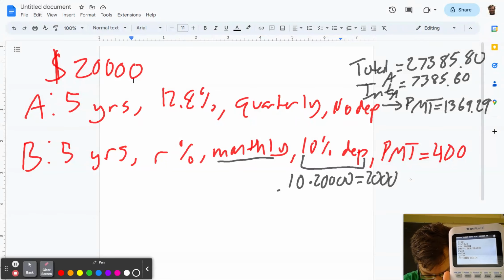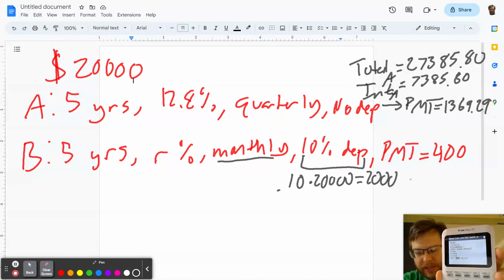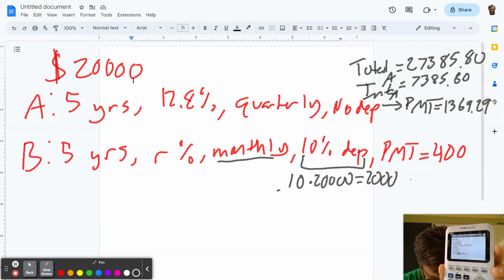I guess that's fine. Yeah, we'll interpret it that way. It could be that you had to pay 10% of the value of the car, and then the $20,000 is what's left over. Let me see here. $20,000, 10% deposit. That's interesting.